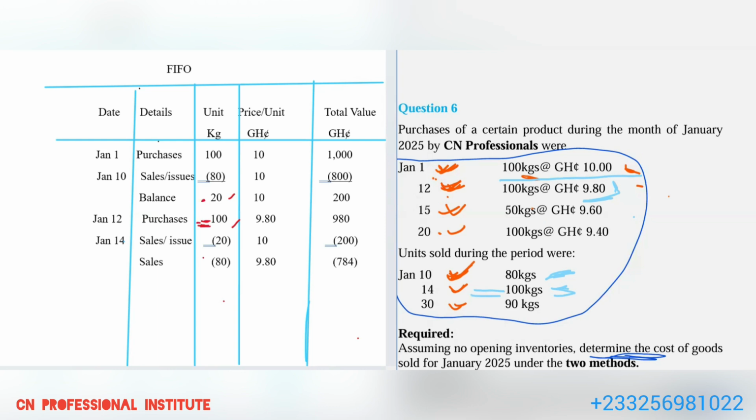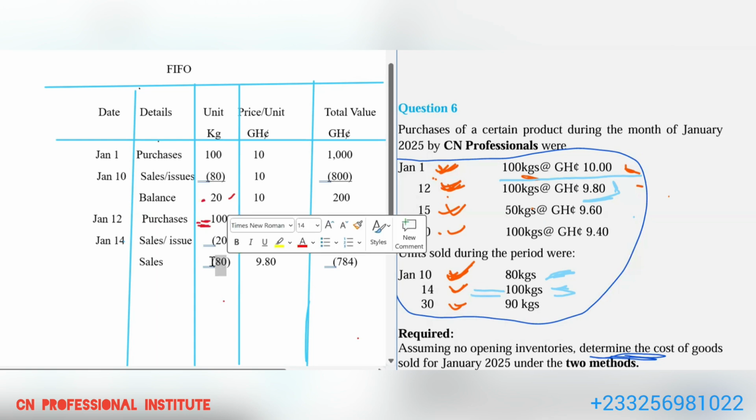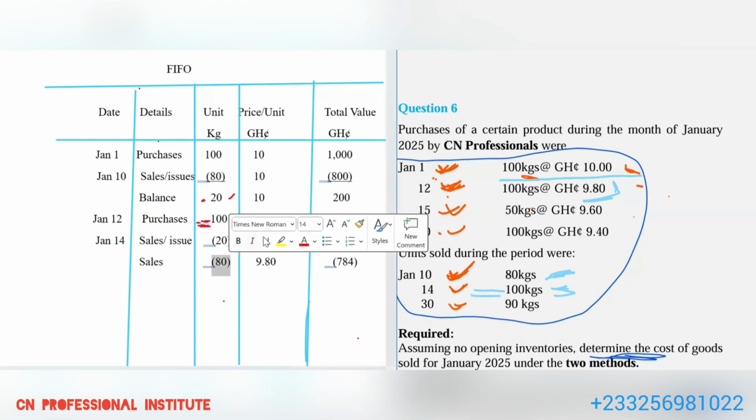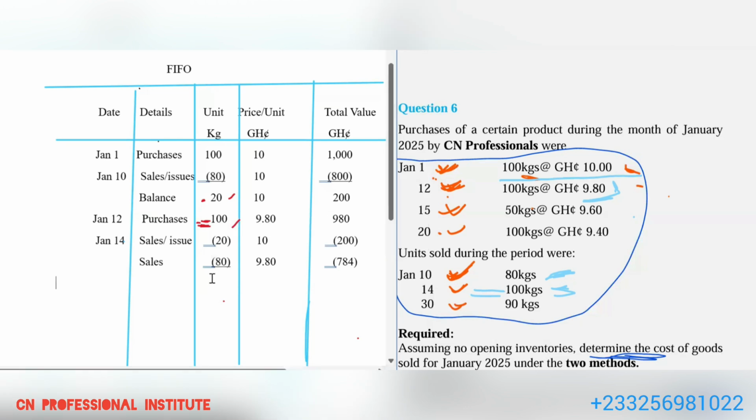So after the selling, we can even check and see the balance that we have. How many units do we have left after this issue or sales? We have 20 units.